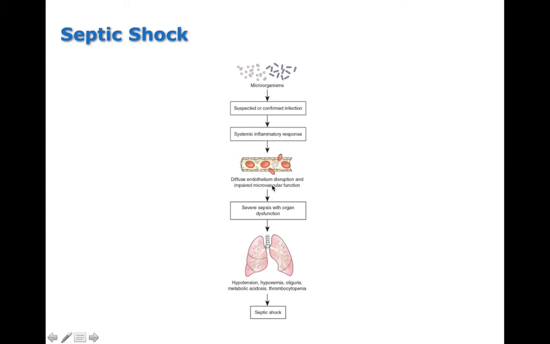And what we find then is that severe sepsis can lead to things like hypotension because of massive vasodilation, hypoxemia because of bronchoconstriction, oliguria, which basically means a decrease in urine output, metabolic acidosis because of a release of lots of lactic acid from hypoxic tissues, and then things like thrombocytopenia from the depletion of clotting factors and platelets, and all of these are manifestations of septic shock.